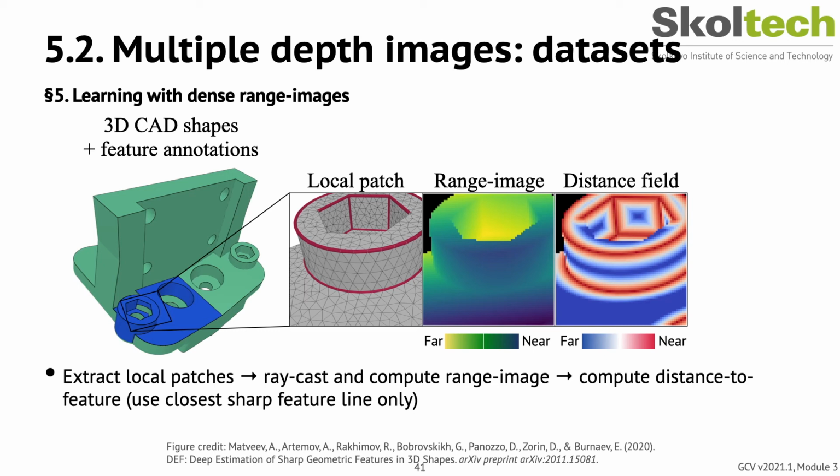We can further use a raycasting method, for example, to generate a dense 3D image of the local region in the shape. This is going to be a range image, and the 3D measurements sensed on the surface are used to query distances to sharp geometric feature lines. The resulting training samples are represented by pairs of depth and distance field images from multiple viewing directions.